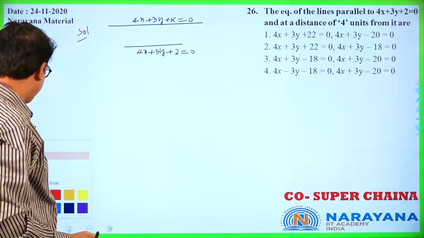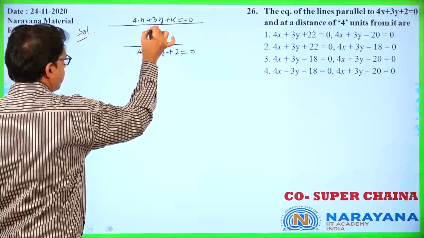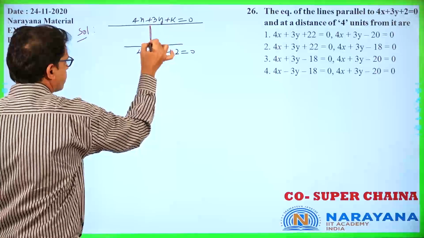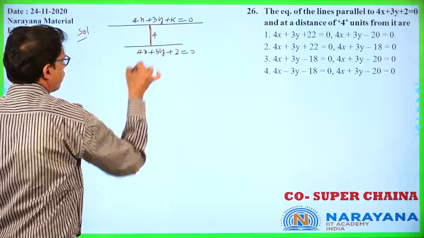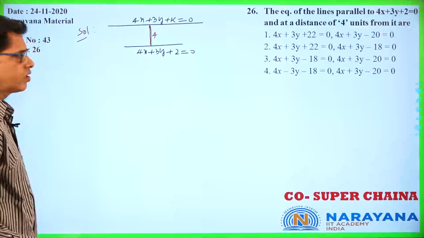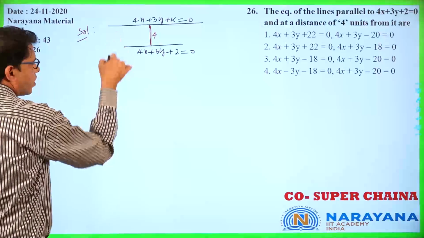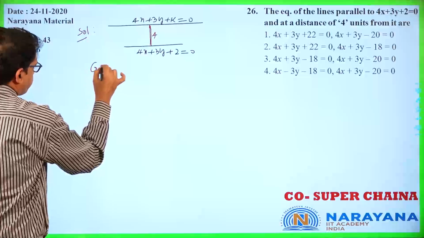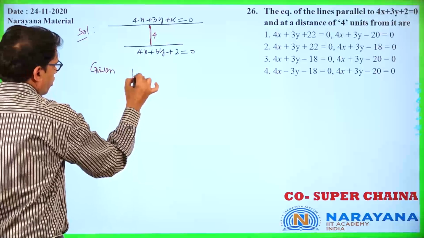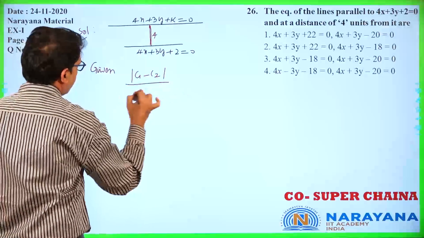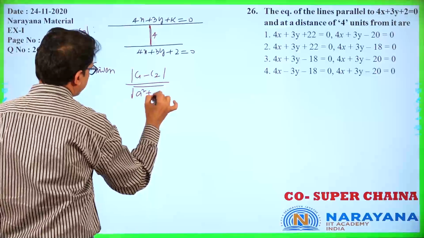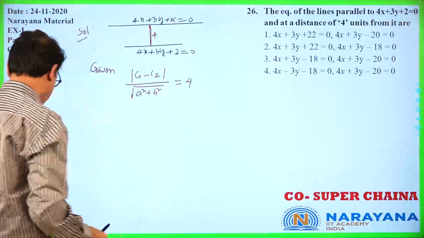The distance between the parallel lines is given as 4 units. Apply the formula: mod of c1 minus c2 upon root under a square plus b square equal to 4.